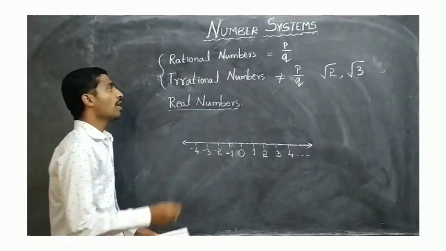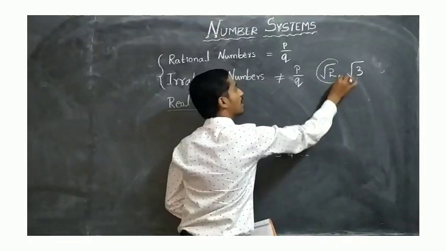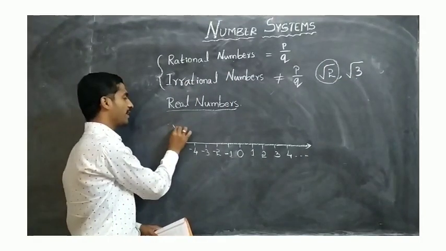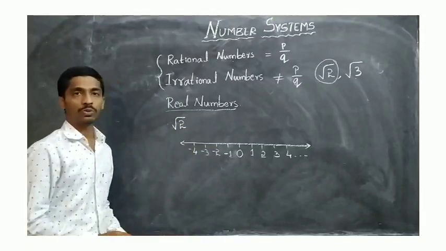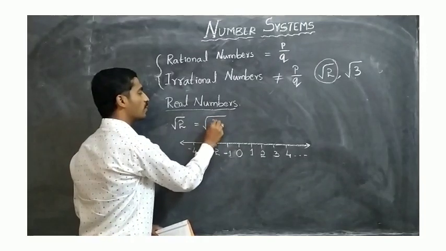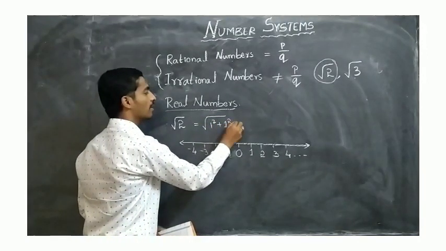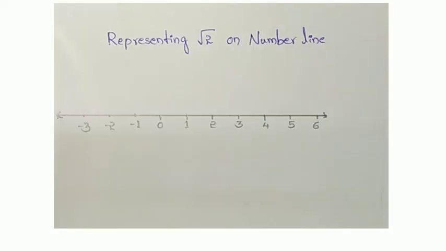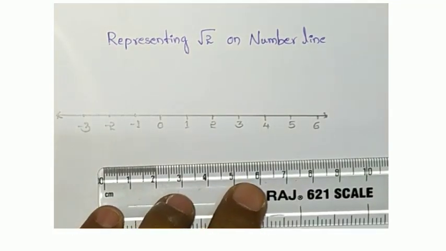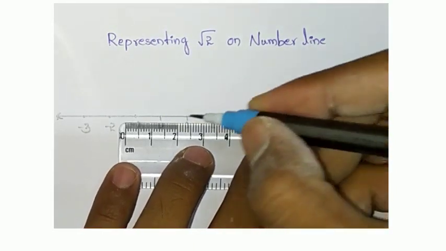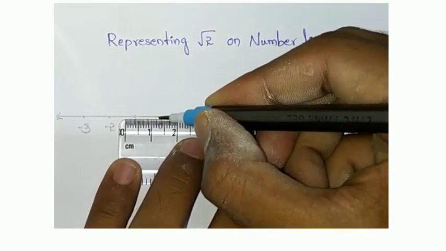Okay, next concept: how to represent these root numbers on the number line. For example, I am taking root 2. How to represent root 2? It is nothing but 1 square plus 1 square, which gives root 2. Now take 1 centimeter on the number line from 0 to 1, and take it as the base.